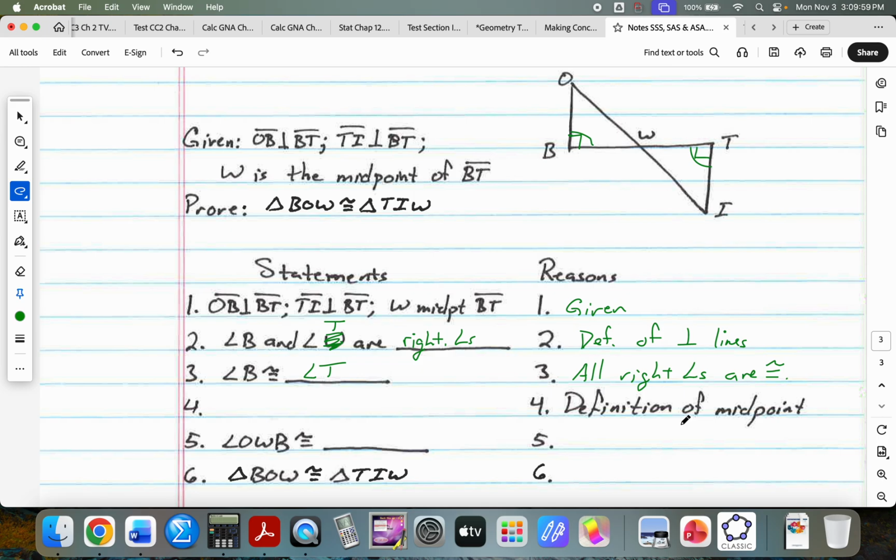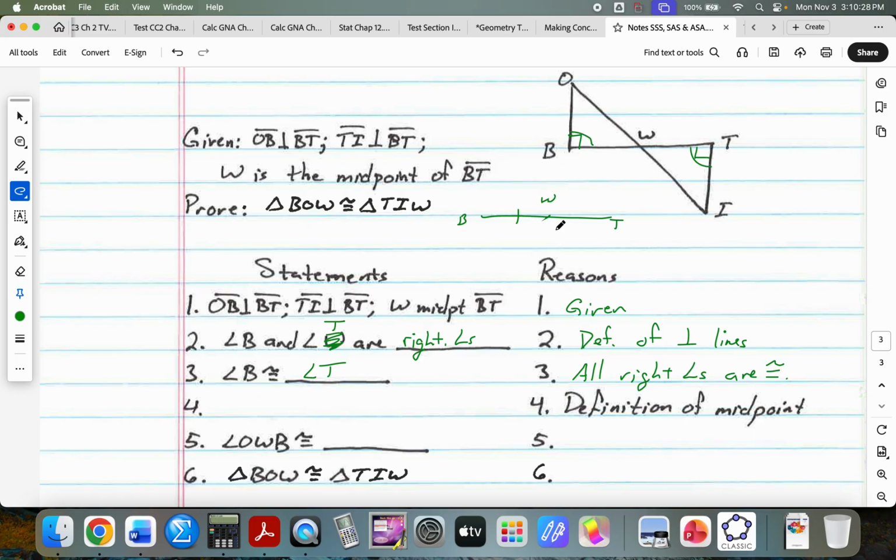Then it says we're supposed to use the definition of midpoint, and it says that W is the midpoint of segment BT. So we're just looking at segment BT. If it helps you, I've said this a couple of times now, draw just that. If W is the midpoint of BT, what has to be true?